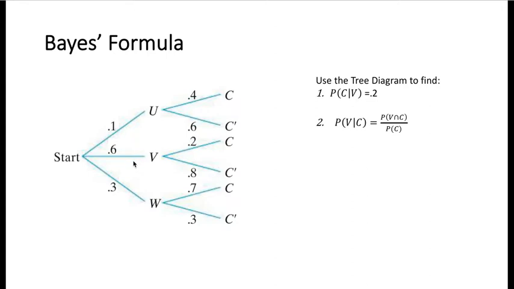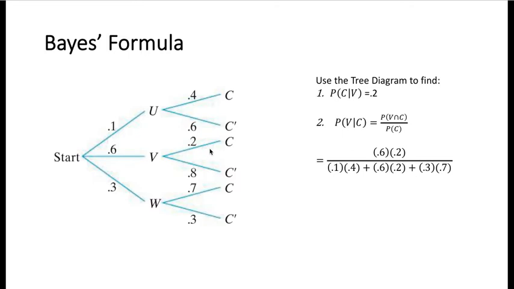The probability of V and C, remember, is 0.6 times 0.2. Now, what about that denominator, the probability of C? We don't know what happened here. We just know C comes out. So it could either be U and C, V and C, or W and C, so we have to consider all those probabilities.